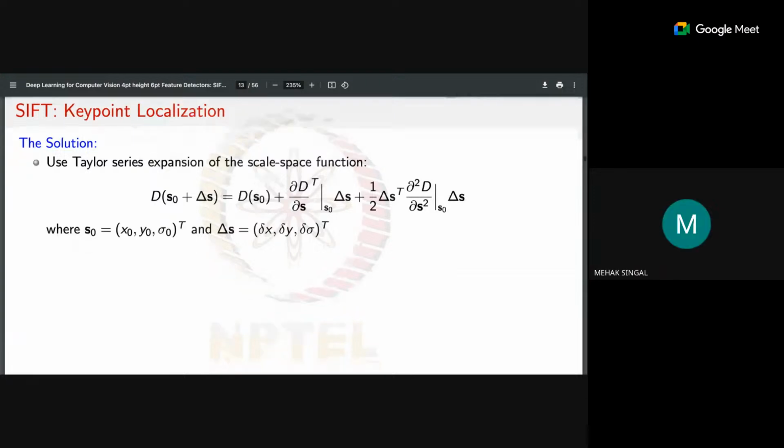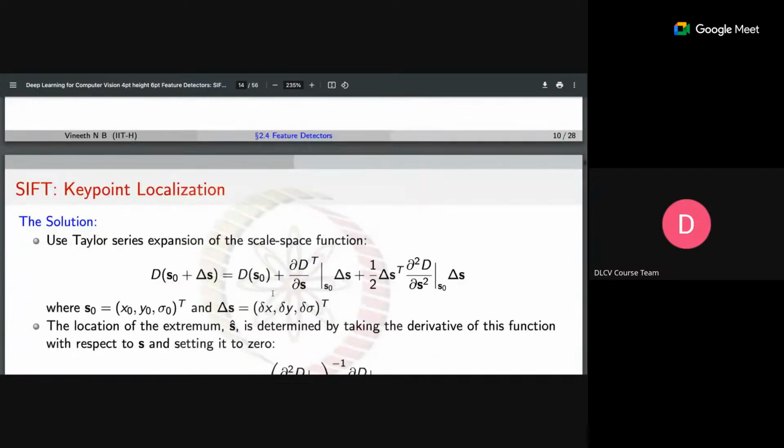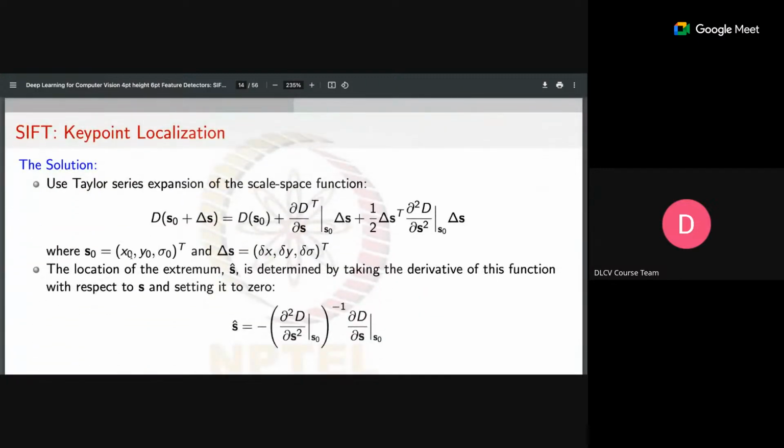Now, if you remember calculus, given a function, if you want to find the extrema, whether it is minima or maxima, what is the first step you do? Take the derivative and equate it to zero. Yes, that is what we are doing here.